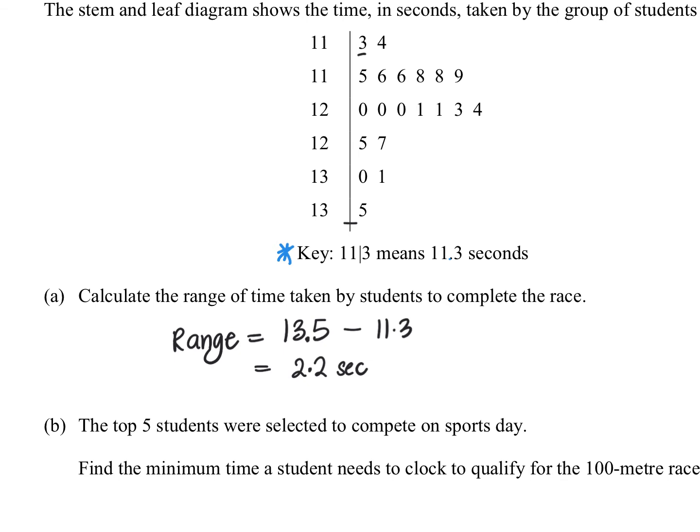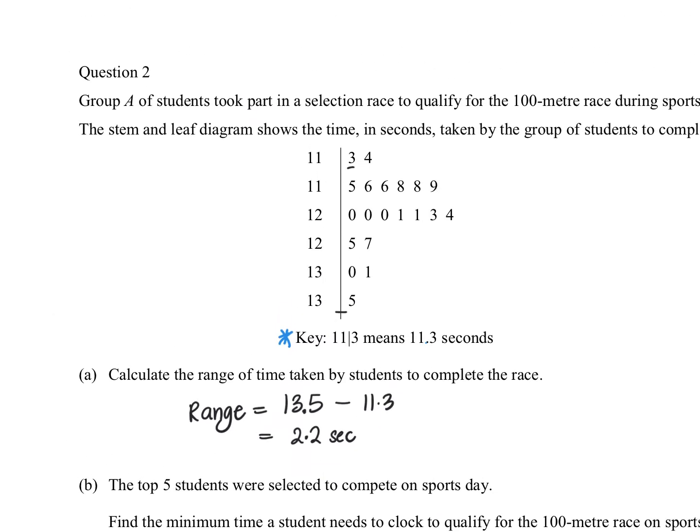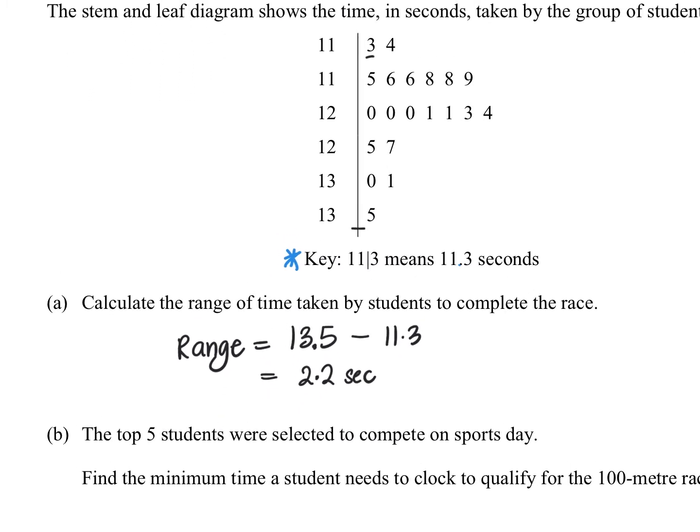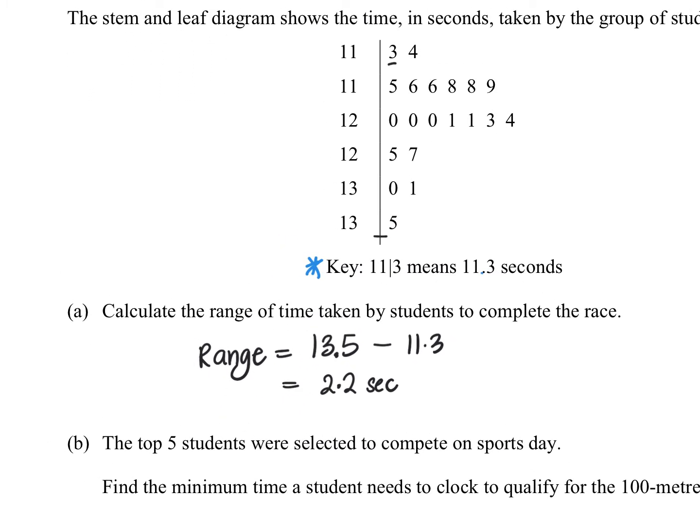But in this case, this one is clocking the timing for running a 100-meter race. Do you want values that are large, or do you want values that are smaller? Do you want timings that take longer or timings that are shorter? Well, in this case, due to the scenario itself, we are going to choose the top 5 students instead of looking at the larger values from the bottom.